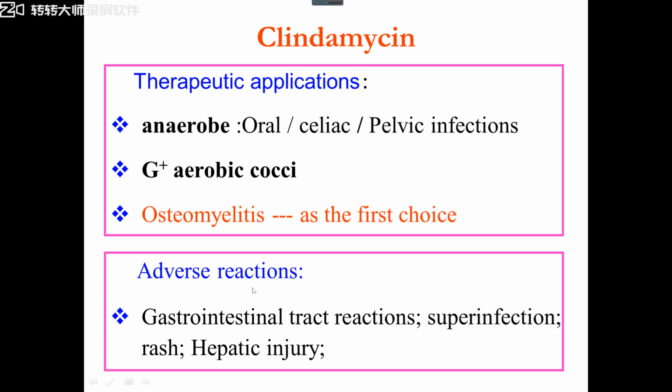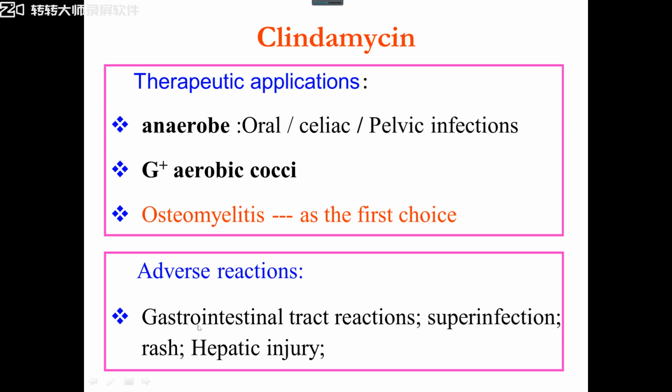The adverse reactions of clindamycin and lincomycin are similar to erythromycin. The very common adverse reaction is gastrointestinal irritation. Besides gastrointestinal irritation, they also have hepatic toxicity.